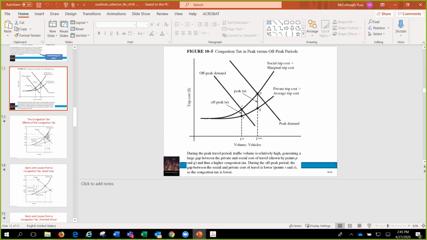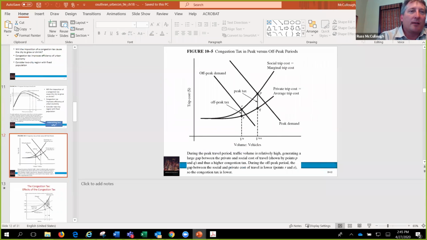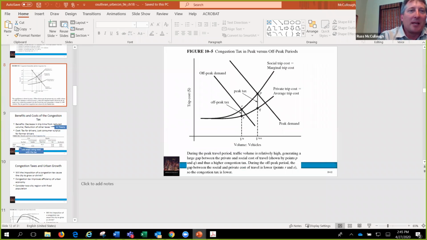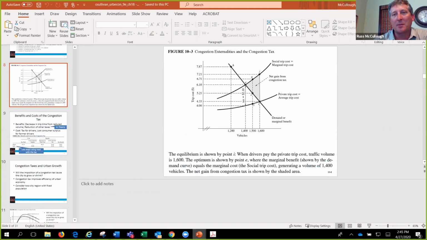So with the congestion tax, in theory, we don't really have enough information. It's one thing for us to do this in a textbook way, but if we implement the tax here from this picture, this is the efficient level, right? Because that's where the social benefit and social cost curves intersect with each other.